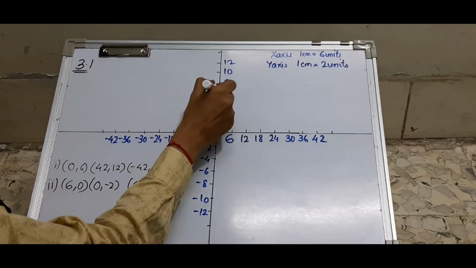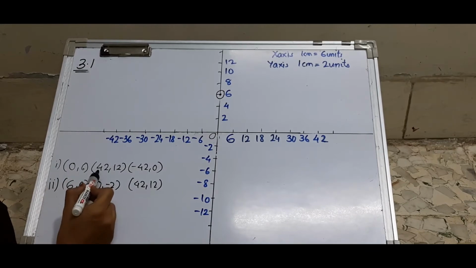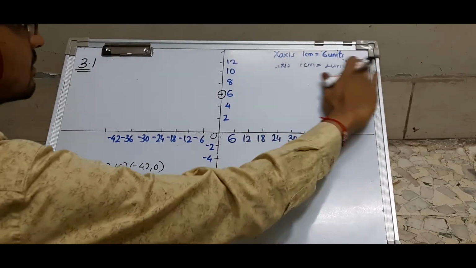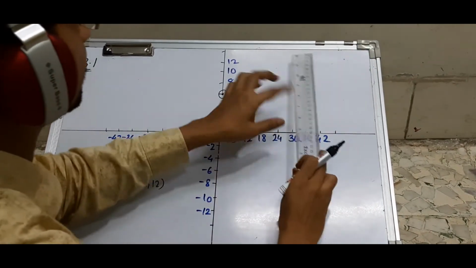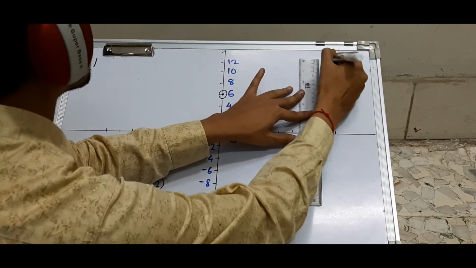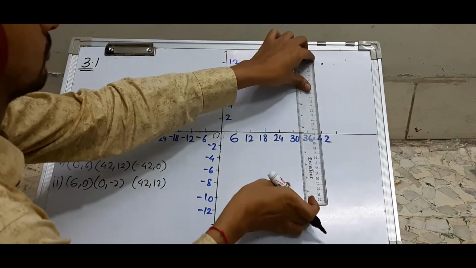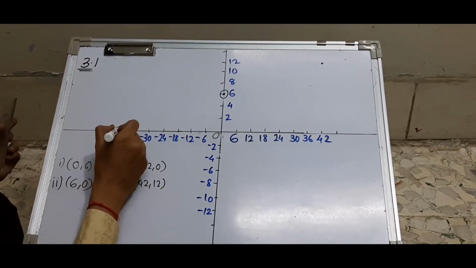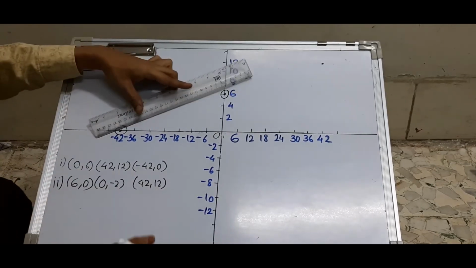It will come here. 42, 12 will be somewhere here. Then minus 42, 0 is coming here. So if I join these 3 points, I should get a line.